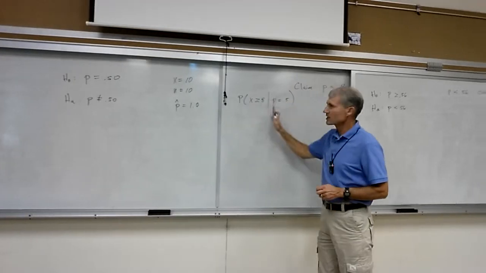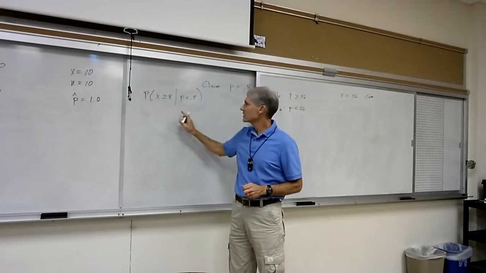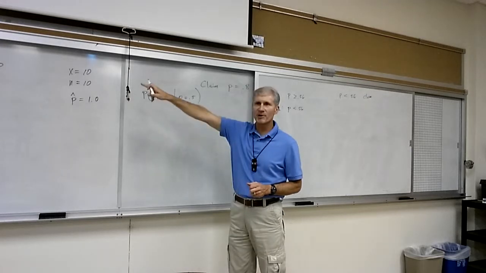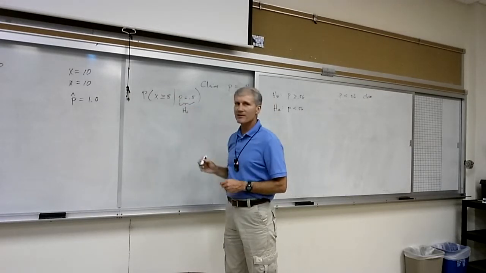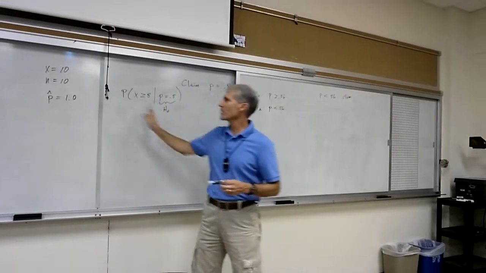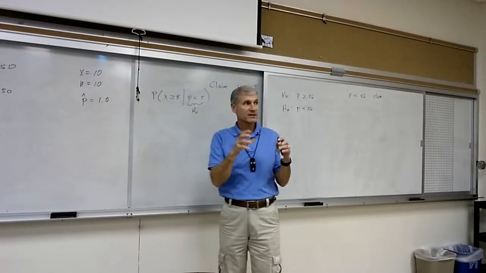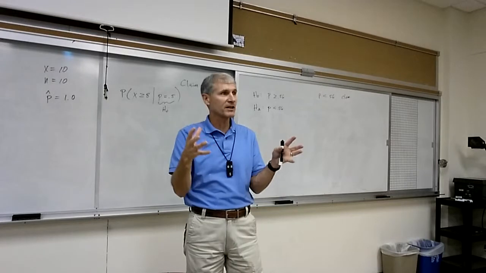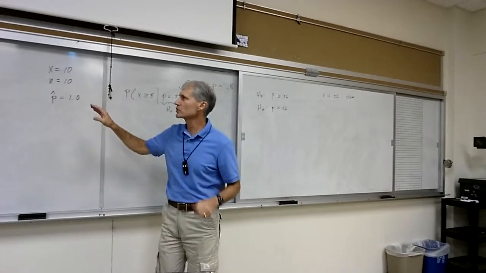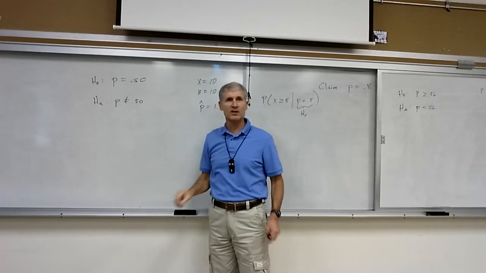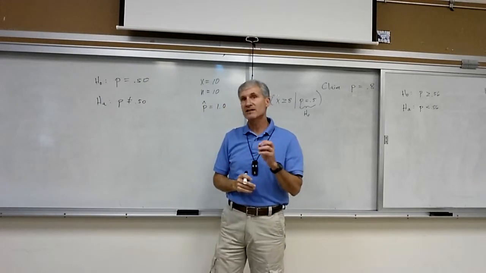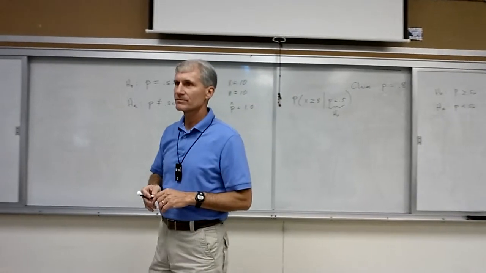This is a conditional probability, and the given part is my null hypothesis. So in a hypothesis test, when we compute probabilities and decide if we have sufficient evidence, it's all based on assuming that the null is true. So, assume the null is true, and then see how weird your data is.